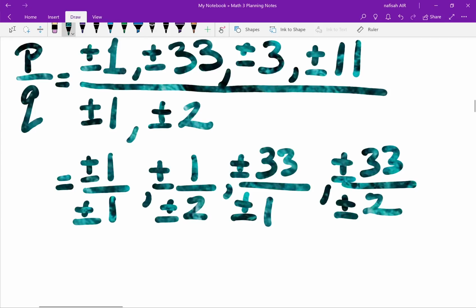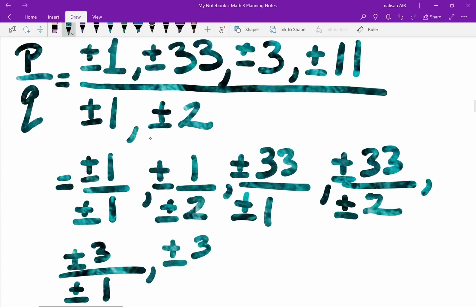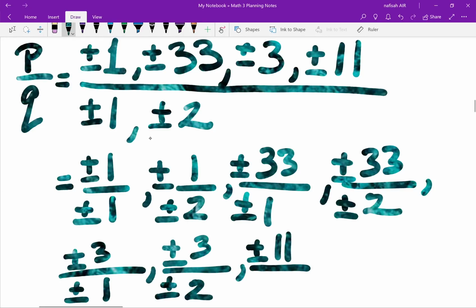So now I'm going to go on. Plus or minus 3 divided by plus or minus 1. Plus or minus 3 divided by plus or minus 2. Plus or minus 11 divided by plus or minus 1.